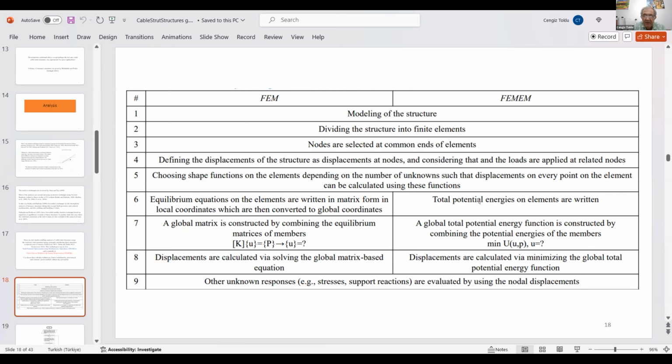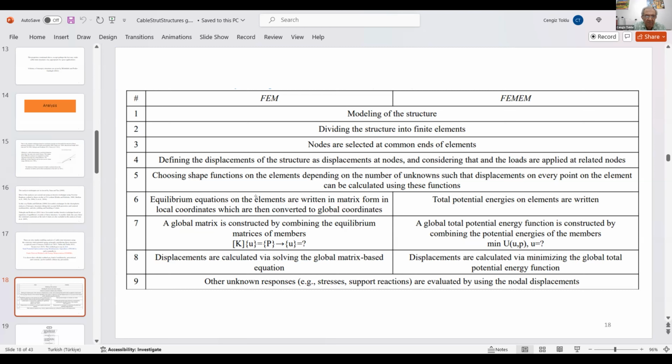In the finite element method with energy minimization, we do a different thing. We have a finite element, but instead of writing the equilibrium equation, we calculate the total potential energy on that element, the strain energy and the work done by the forces. Then in the seventh step, we combine all these things.